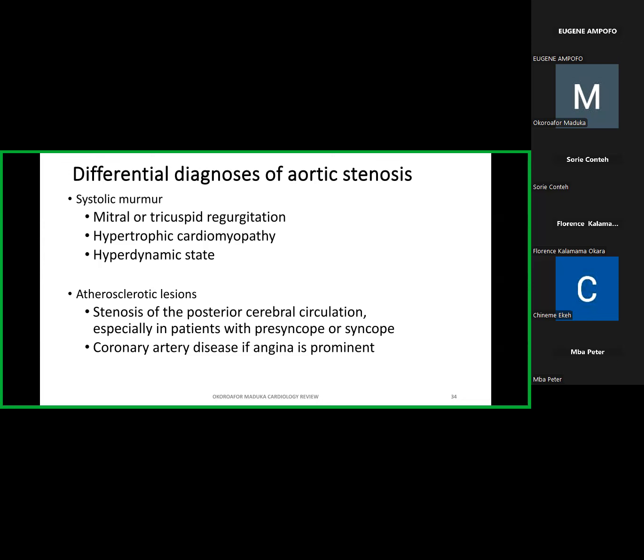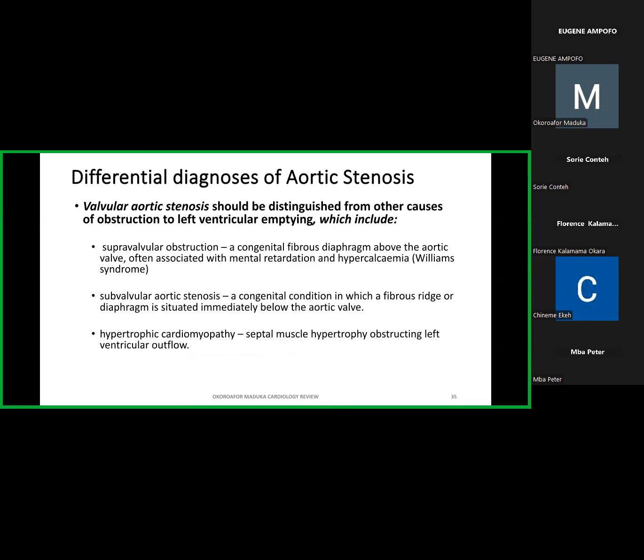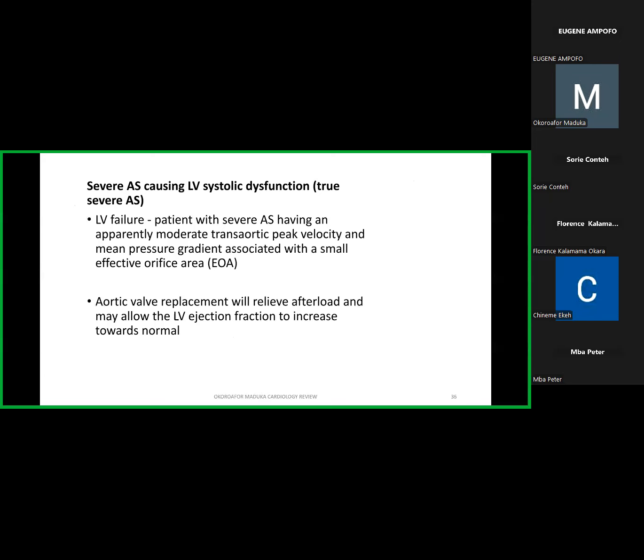The differential diagnosis also could be based on whether the lesion is supravalvular, in which you consider Williams syndrome, in which a person has supravalvular stenosis, hypercalcemia, and mental retardation. The other differentials could range from subvalvular aortic stenosis to hypertrophic cardiomyopathy.